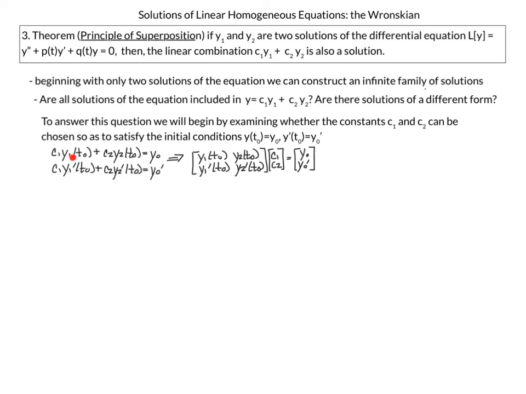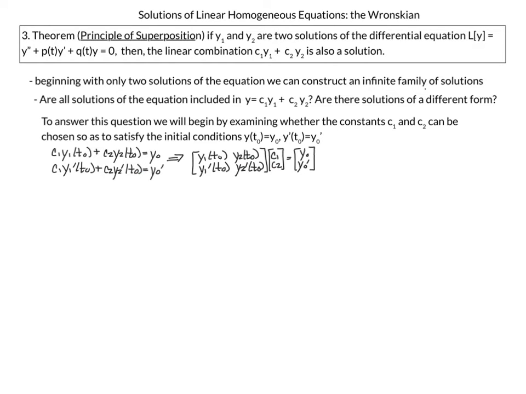I take my c1 and c2 as a vector, and then I take the other coefficients, the things that multiply c1 and c2: y1 of t naught, y2 of t naught, y1 prime of t naught, and y2 prime of t naught, times c1, c2.